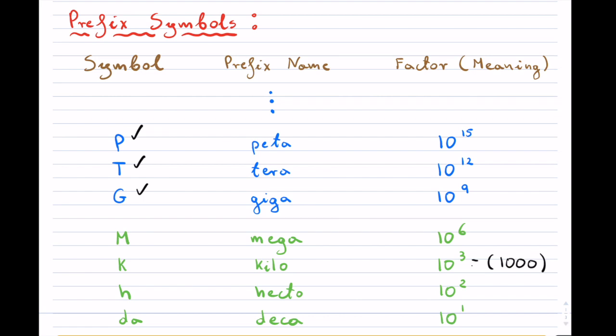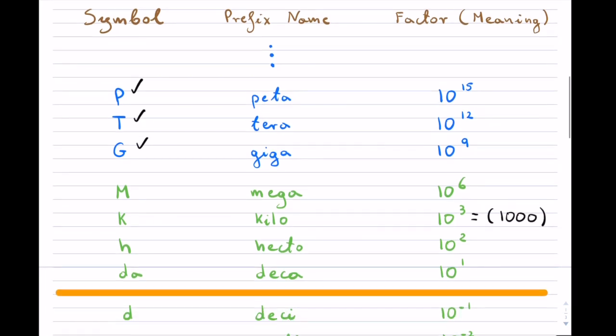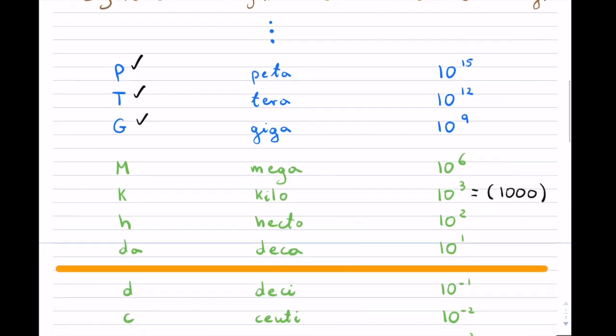So these are equivalent. Now I have done the base 10 to the exponent beside each of those prefix symbols. So trying to memorize this chart is not always easy. Trying to memorize anything isn't easy, but as you use the prefixes more and more, it does become a little bit easier.